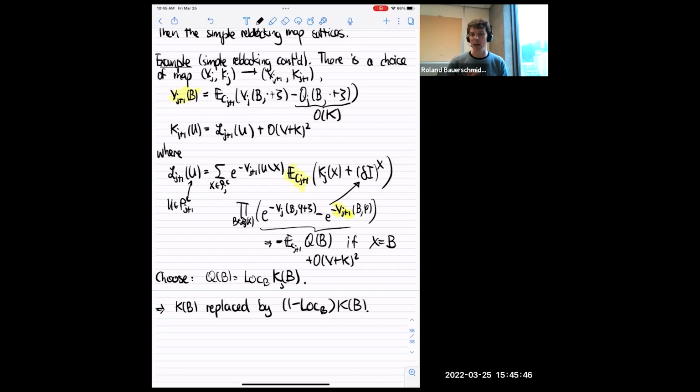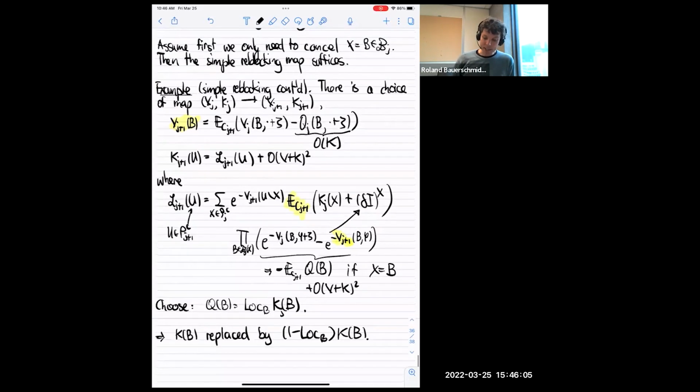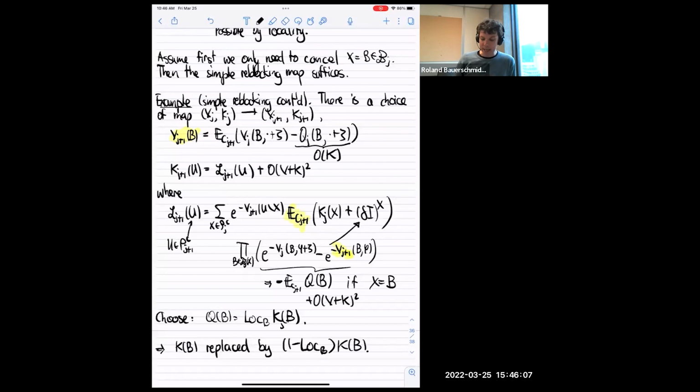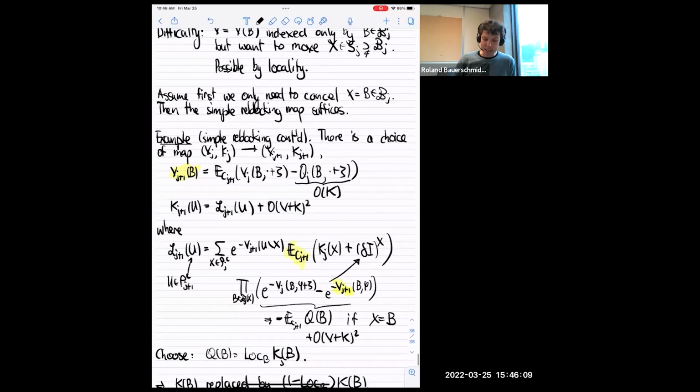So for example, in a 5-4 model. This would not be sufficient in 4 dimensions, but in 5 dimensions. So in 4 dimensions, you're right. This wouldn't be sufficient even for a single block, but in 5 dimensions it would. Okay, thank you. So anyway, this principle explained how we can cancel a single block.